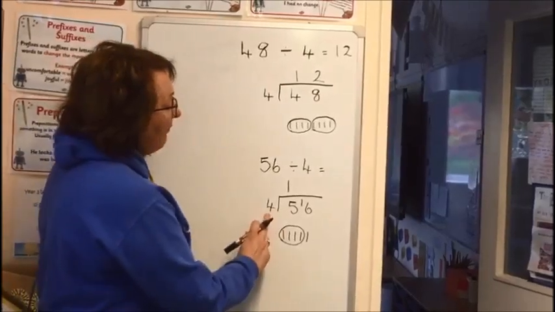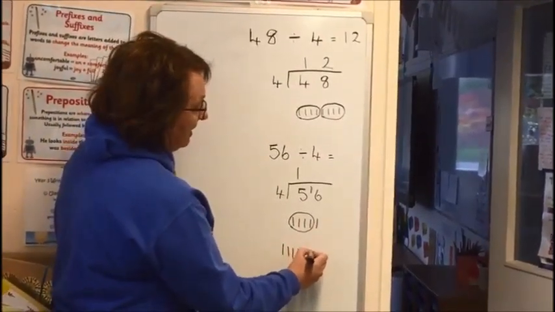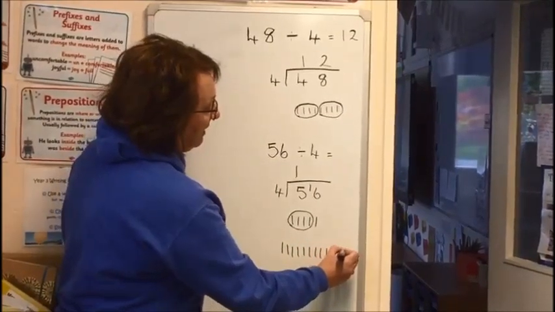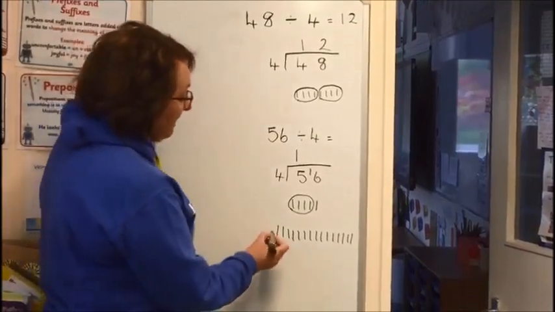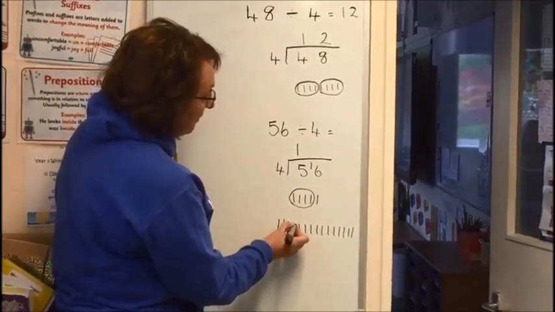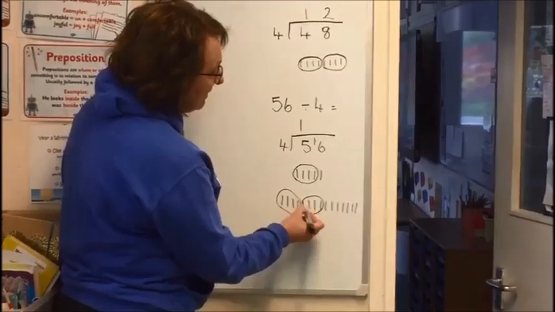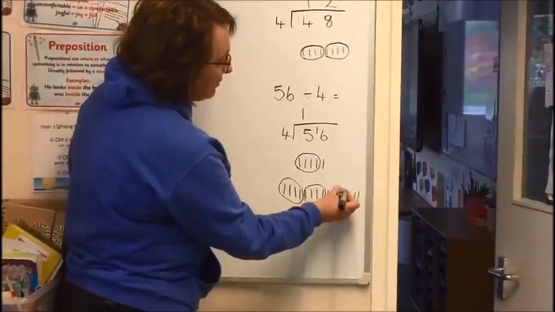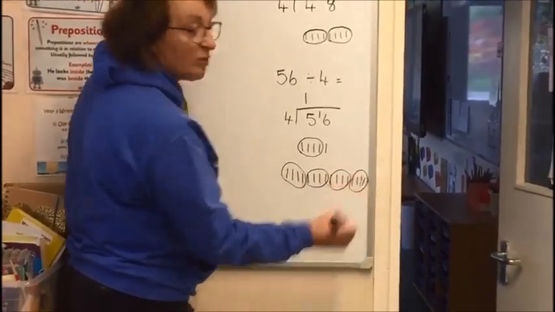So now 4 into 16. So 16 little sticks. And how many groups of 4? So I've got one group there, got another group there, I've got another group there, and another group there.